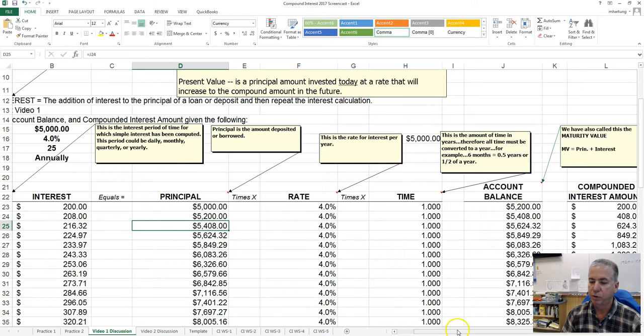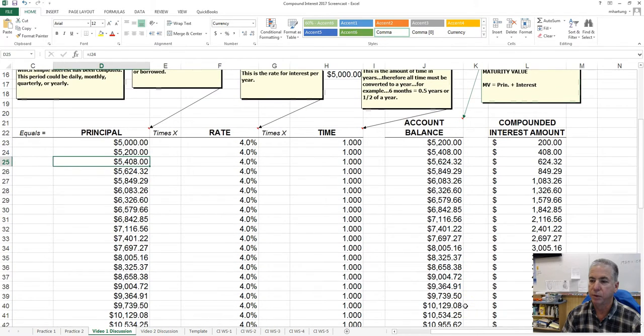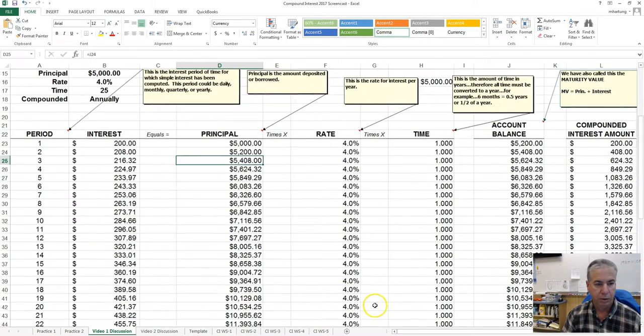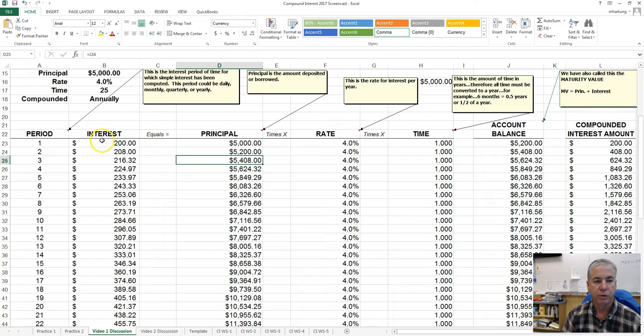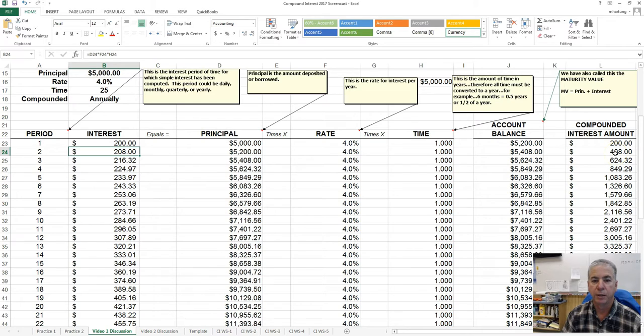And then we also keep track of how much interest is accumulated over the period of time. So the first year we calculated $200, and so the compounded interest amount was $200 at the end of year 1. At the end of year 2, or at the end of that compounding period, it's 200 plus the 208 equals the $408.